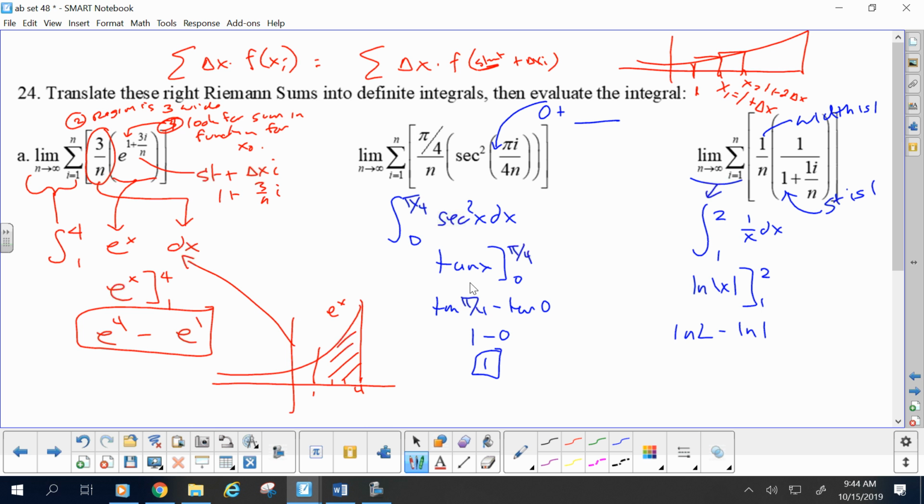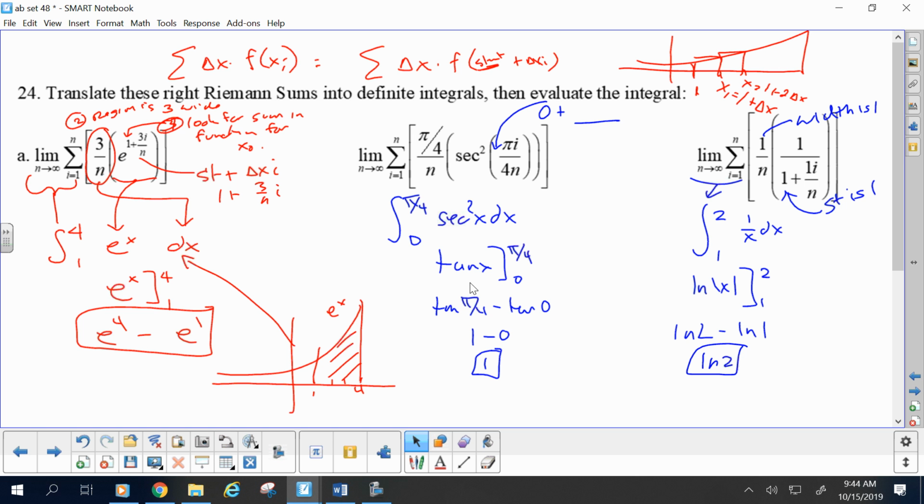Remember, you put in the upper limit, subtract away the lower limit. What is natural log of 1? So natural log of 2. You should have absolute value, but when I put in a positive number, you can put it there, but you can blow it off. If you're putting in positives, it's okay to not. Okay.